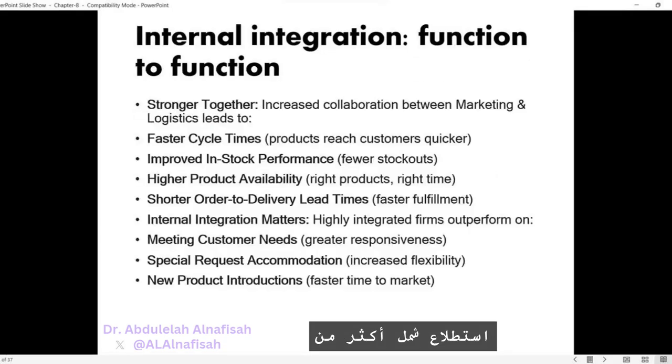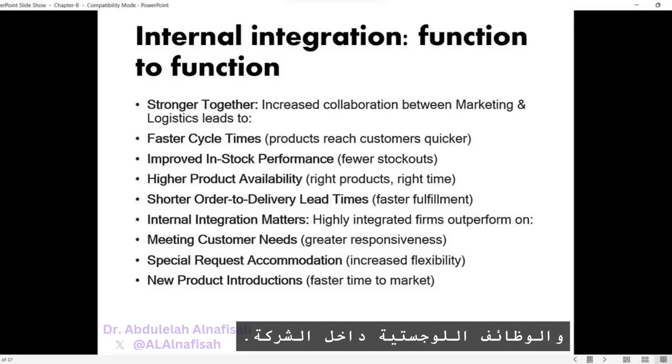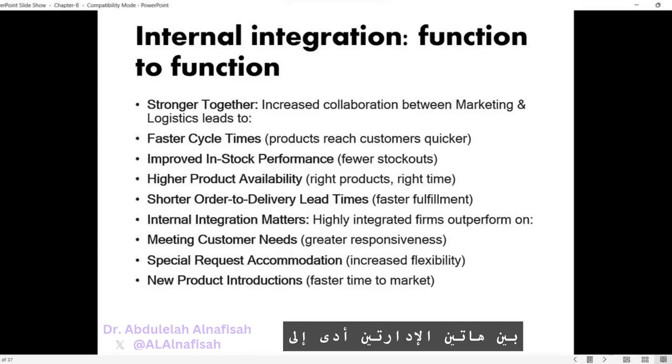A survey involving over 300 organizations in the US examined the integration between marketing and logistics functions within a company. The survey found that increased collaboration between these two departments led to improved performance and interdepartmental effectiveness. The performance improvements included reduced cycle time, better in-stock performance, increased product availability, and improved order-to-delivery lead times.